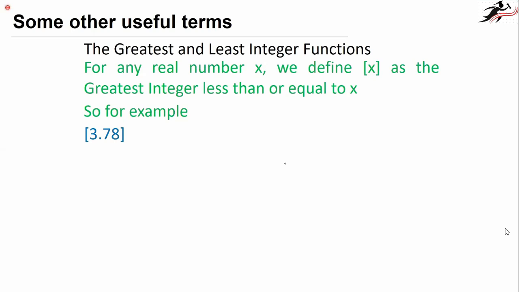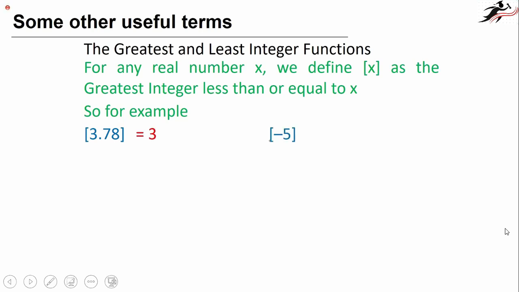So what is less than or equal to 3.78, an integer? Three, correct. So the first integer that I have less than 3.78 is 3. So the value for this is 3.